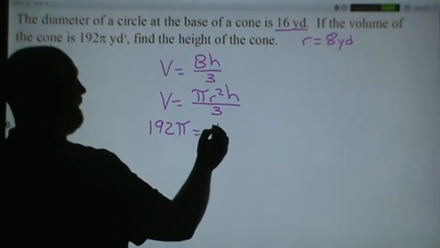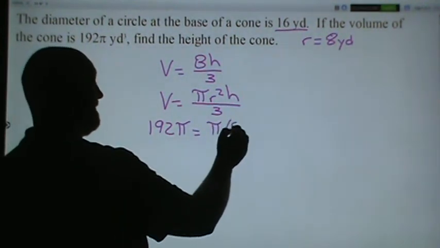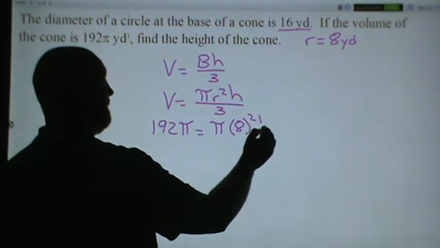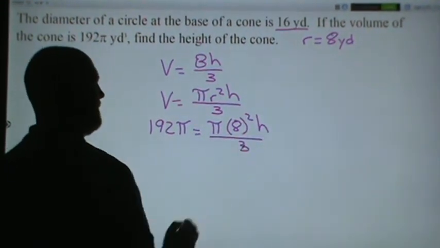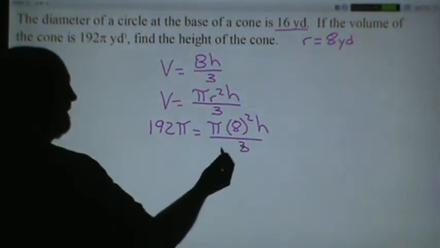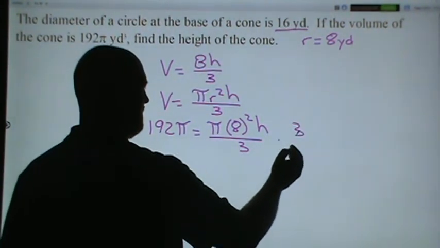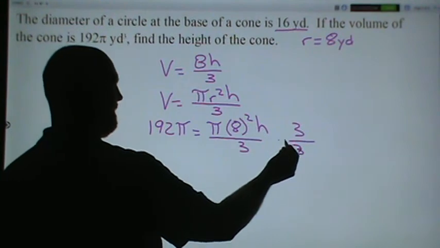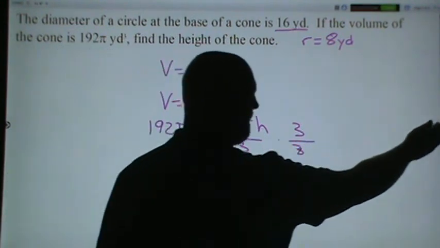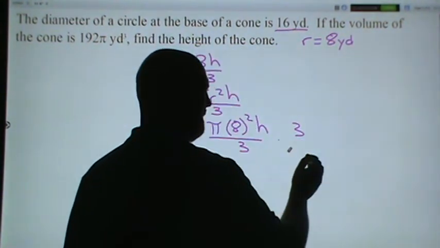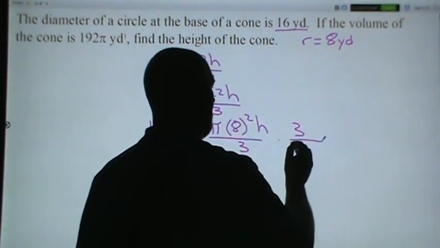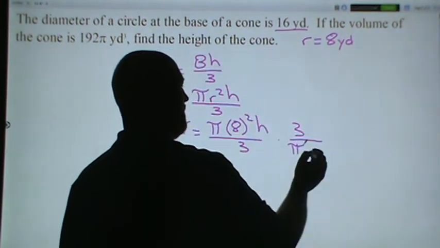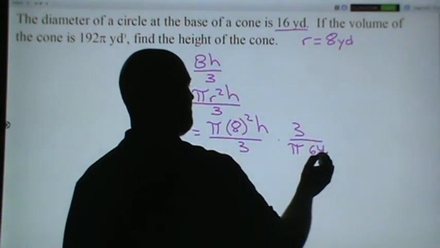Over here I have pi times my radius, 8 squared, times the height divided by 3. To get rid of the 3, I could multiply by 3. To get rid of the pi, I can divide by pi. And to get rid of the 8 squared, I'm going to divide by 64.